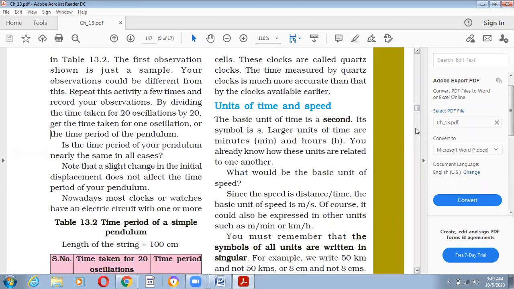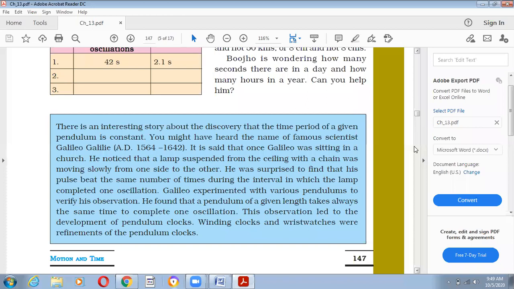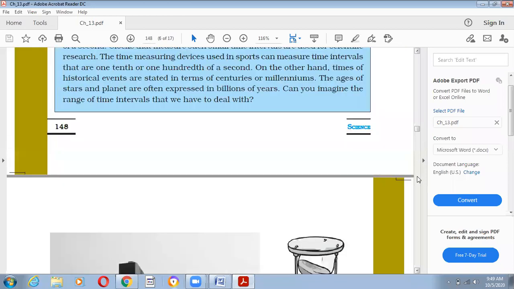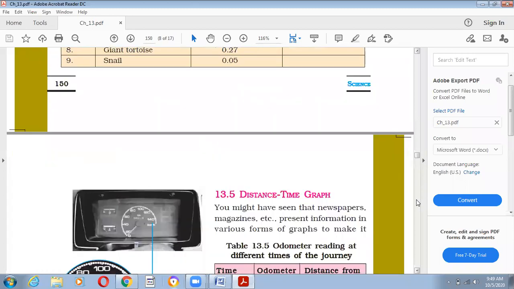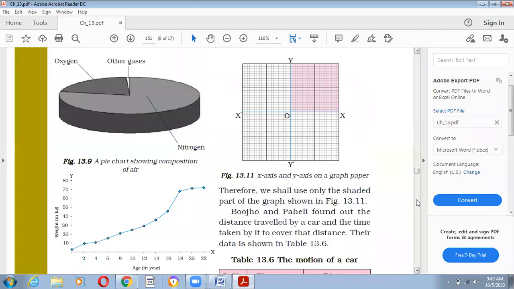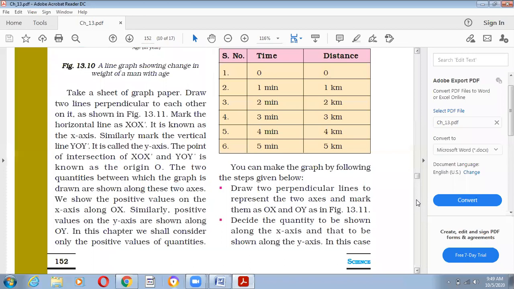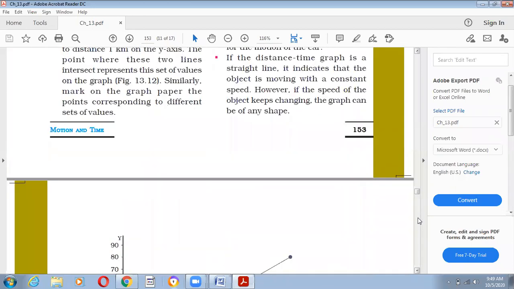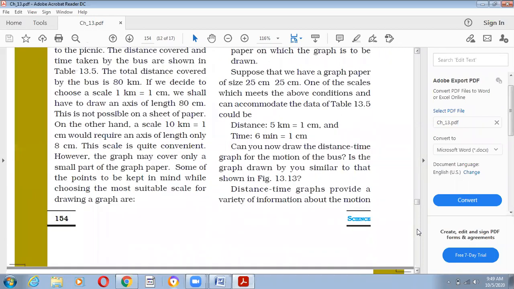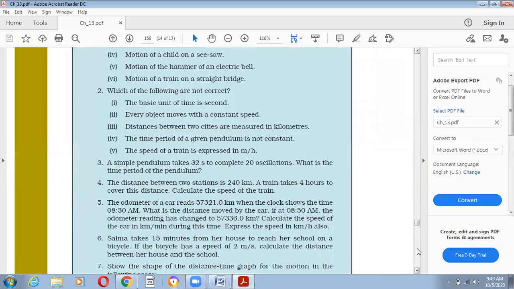The unit of speed we have already discussed. Then the distance time graph, very important. I told you that day how you can describe a motion using a distance time graph.